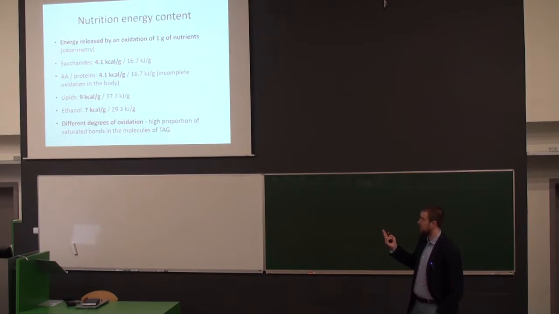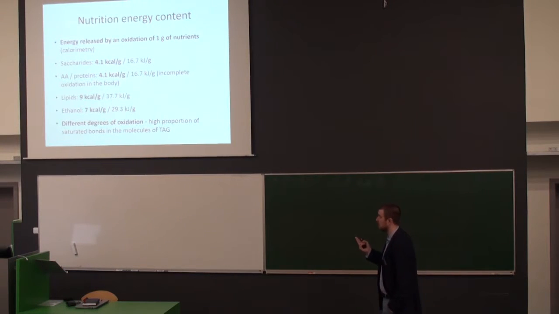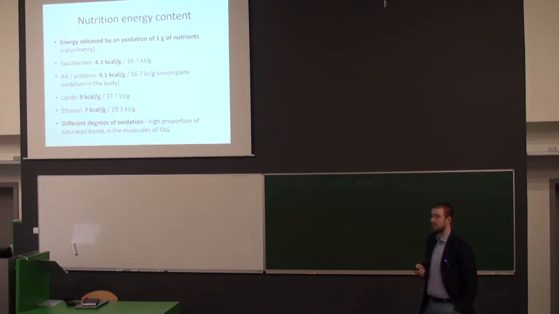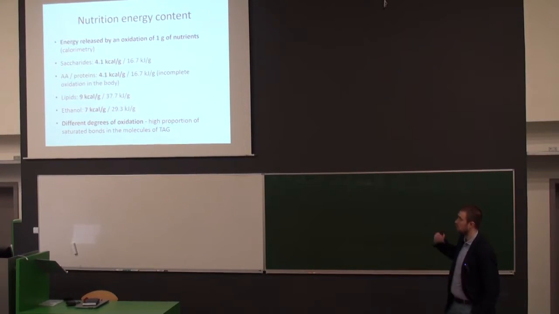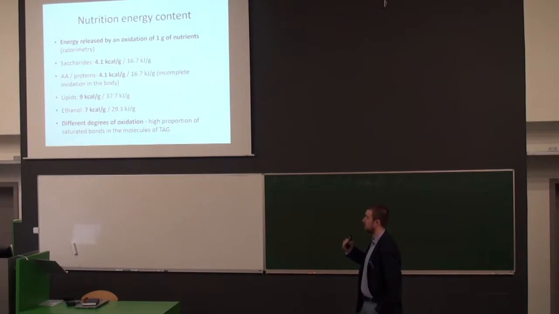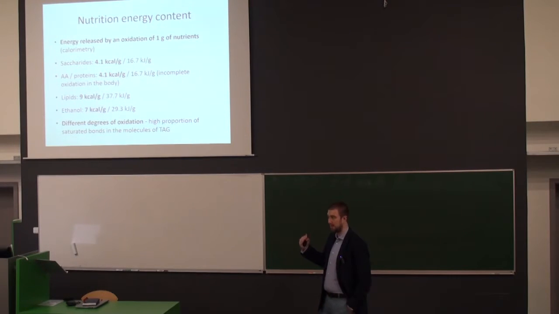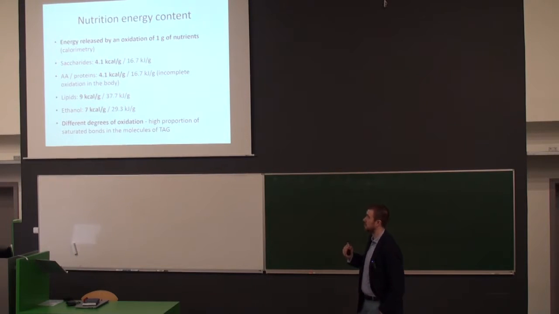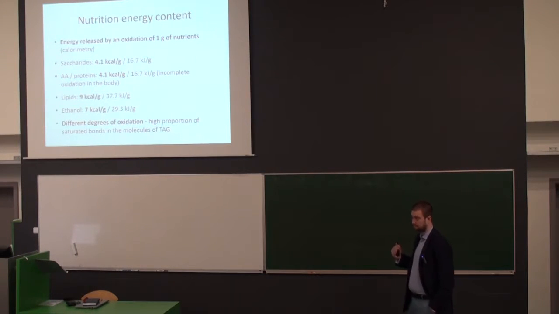From saccharides and from proteins, you gain a very similar number. It's around 4.1 kilocalories per gram of the nutrient. For lipids, you gain a number more than 2 times higher, since they are more reduced. Therefore, the amount of energy is there much higher, and the number is around 9.